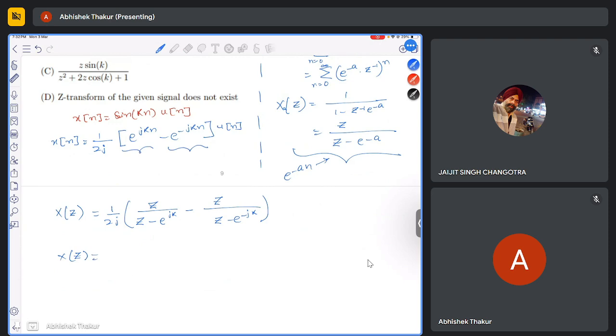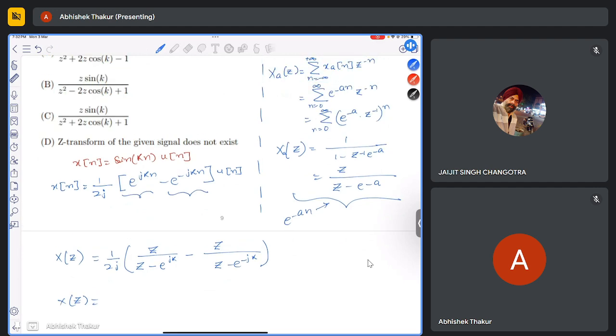So X of z will be 1 by 2j. This will become z square minus z e to the power jk. So basically you can simplify this equation, multiply and simplify.